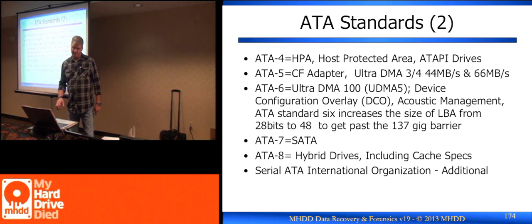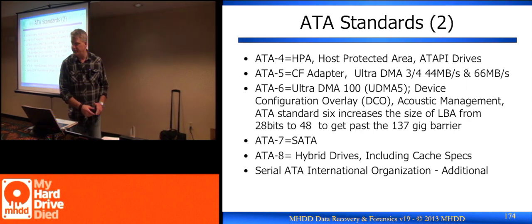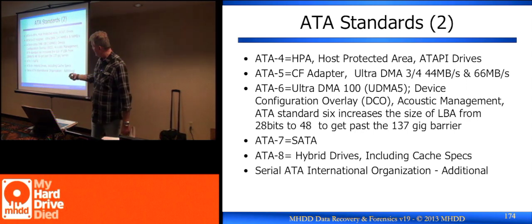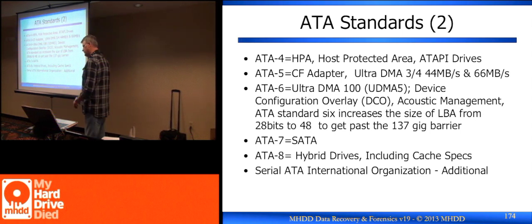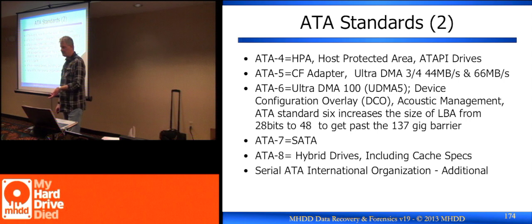ATA 5. The reason that that's important is because a CF memory stick, compact flash, is the only physical memory component we have that has its own ATA spec. None of the others do. And what that means to you is, if you have a professional camera and you are using a compact flash device, it will be treated as a hard drive.